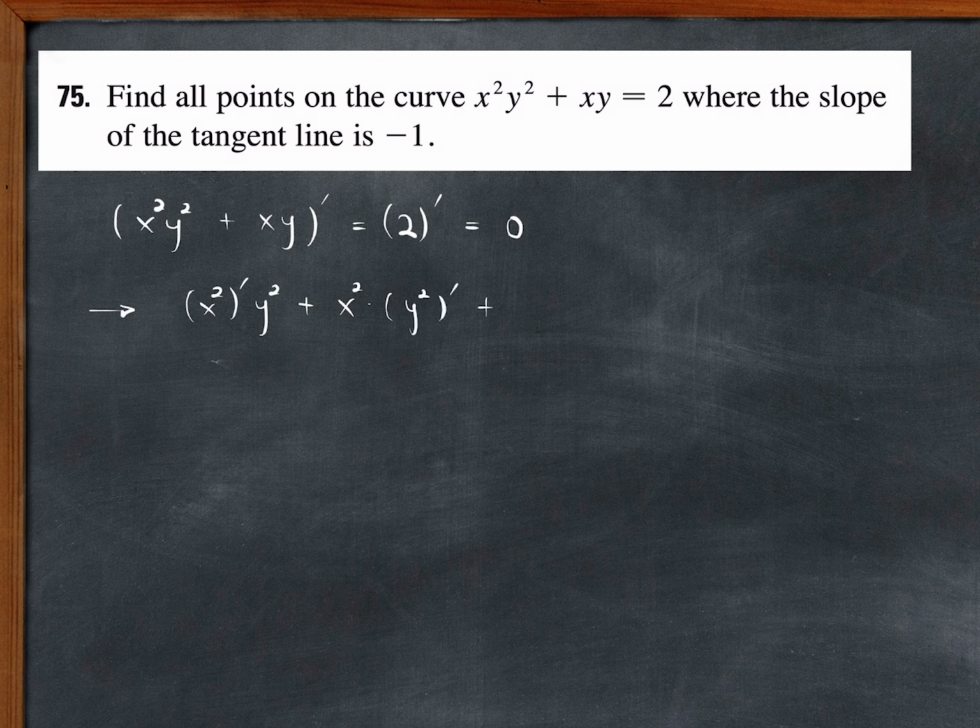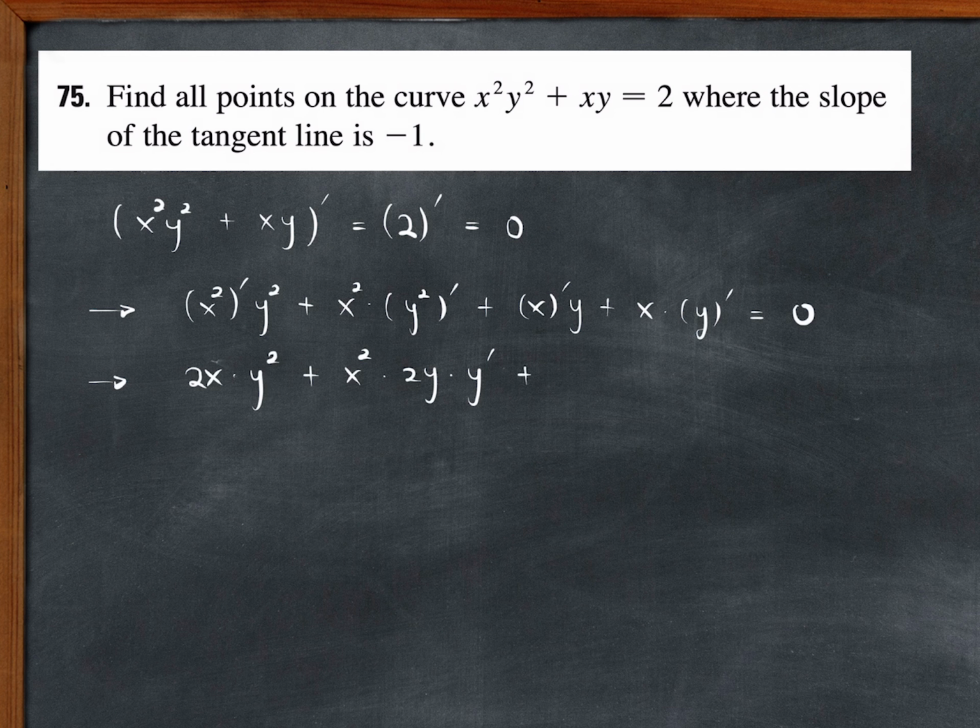And then the xy, we differentiate x first, just like what we did to the first term, times y plus x times y prime, and it's equal to 0. The derivative of x squared is simply 2x times y squared plus x squared times 2y times y prime. So this is the tricky part. Remember to multiply 2y by y prime.